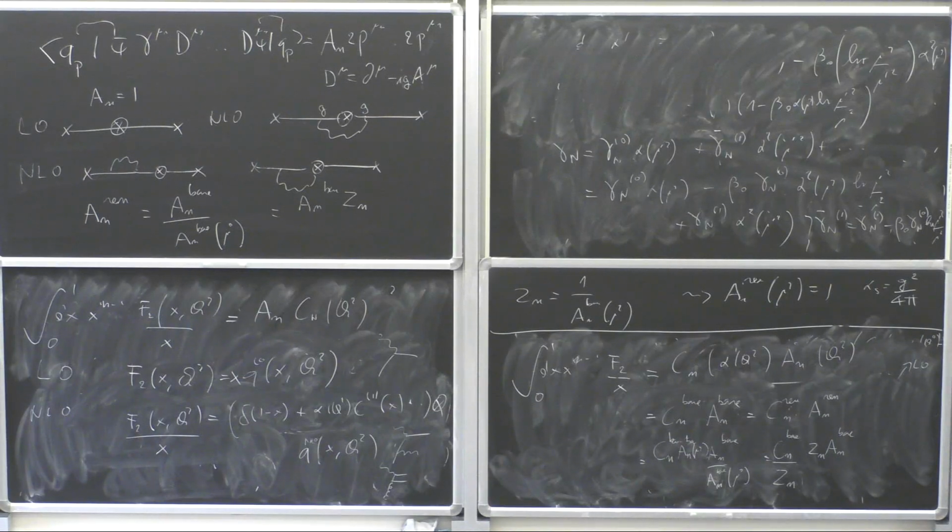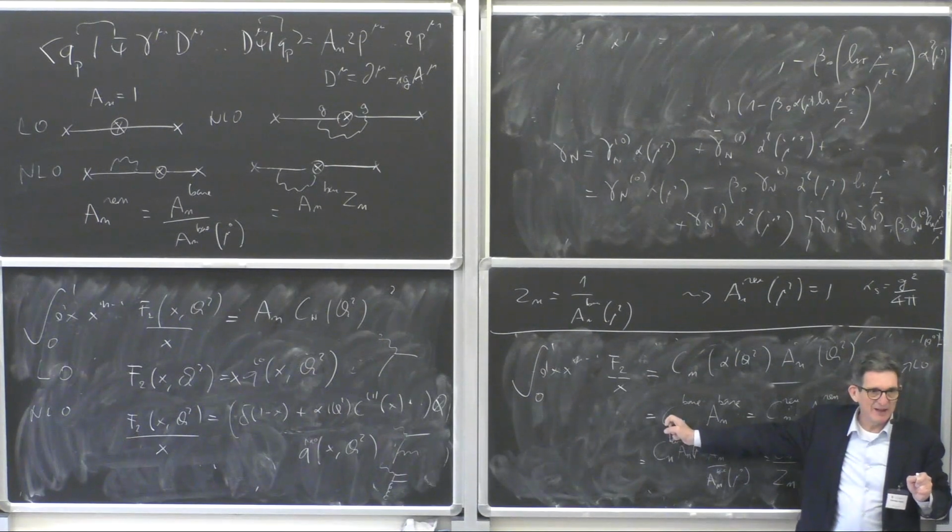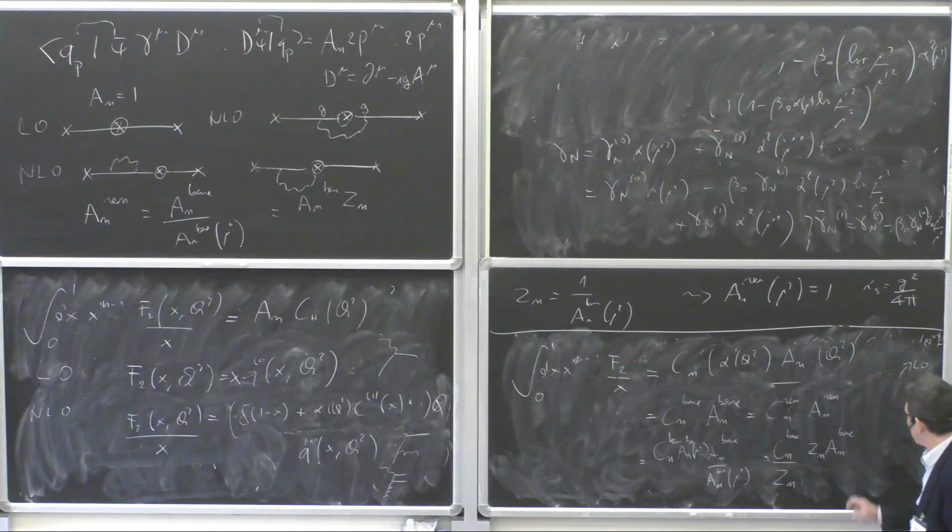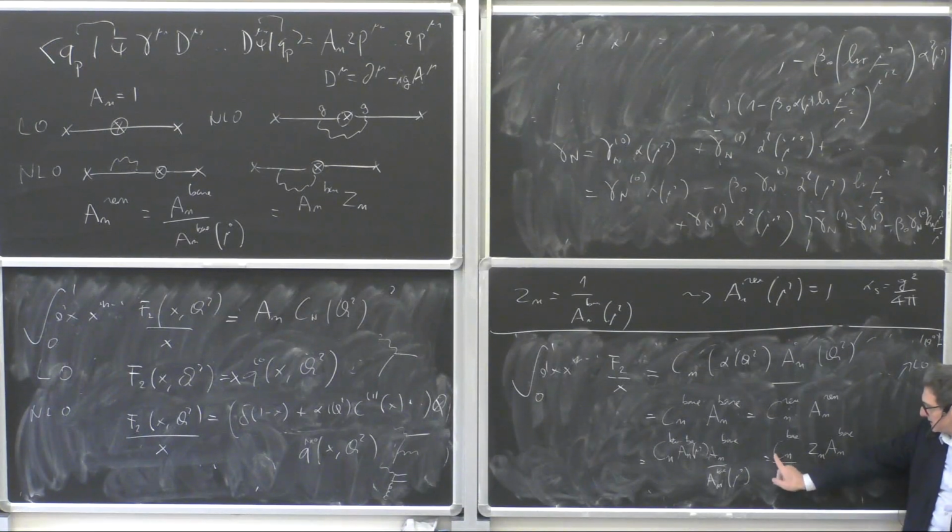So this immediately raises the question: either this doesn't make any sense, or there must have been some infinity in my bare Cn, which I did not talk about because I did not talk about how to calculate the coefficient function at next-to-leading order. And when I renormalized An, that must have canceled some infinity that was there. So when I effectively divided Cn by Zn, which infinity was there that I removed?